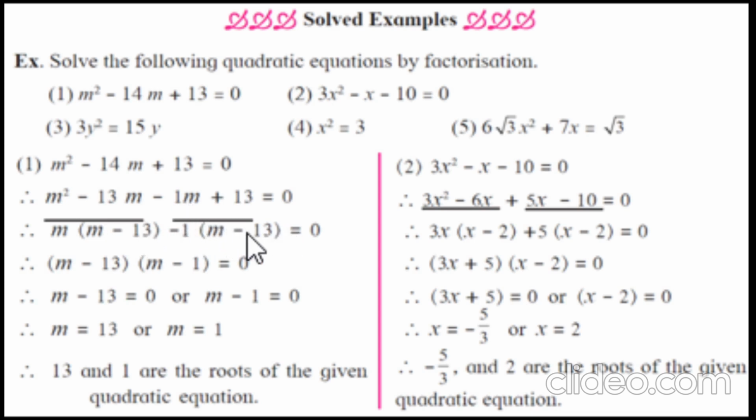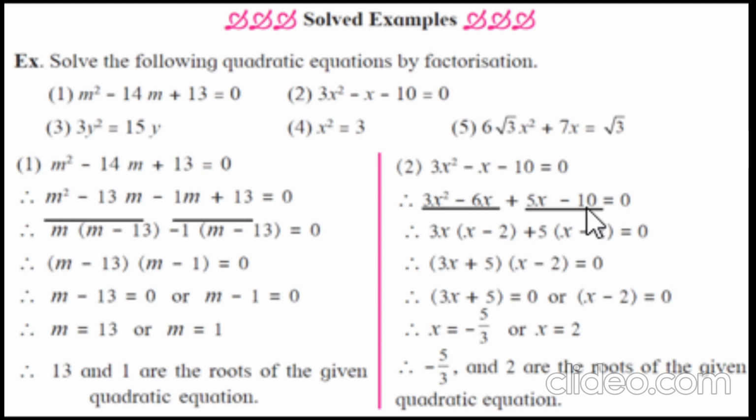So m minus 13 taken as common, what remains? m minus 1 in another bracket. So m minus 13 is equal to 0 or m minus 1 is equal to 0. So m is equal to 13 or m is equal to 1. Therefore 13 and 1 are the roots of this quadratic equation.